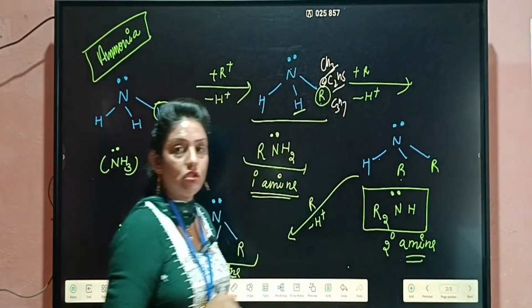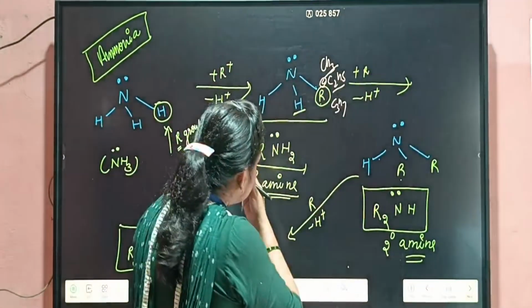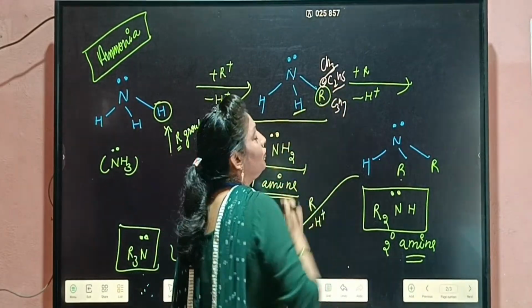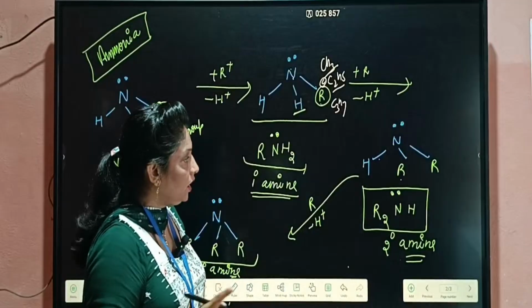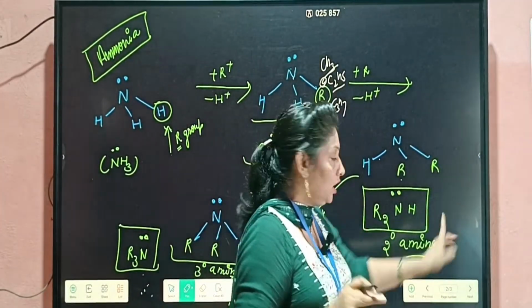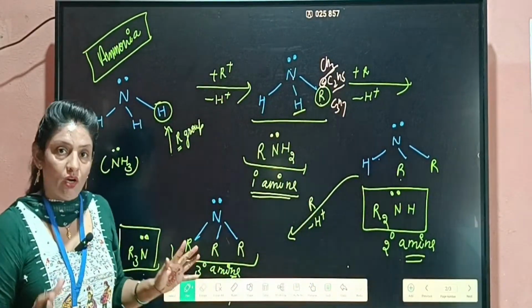If nitrogen forms only one bond with carbon, then it is primary. If two bonds with carbon, it is secondary. If three bonds with carbon, then it is tertiary.